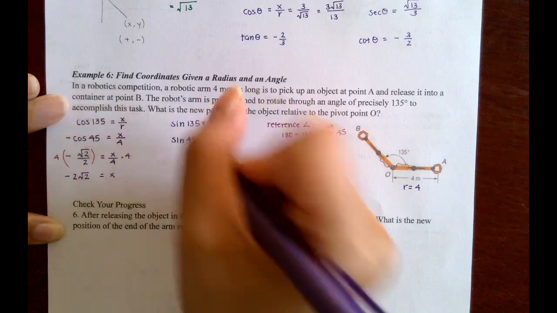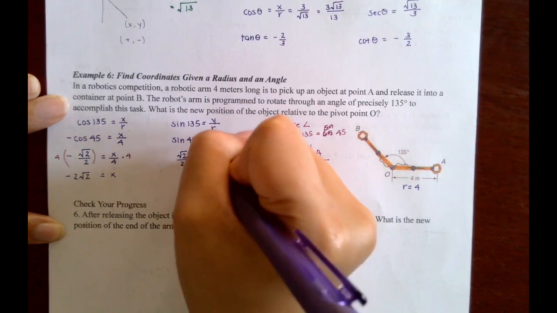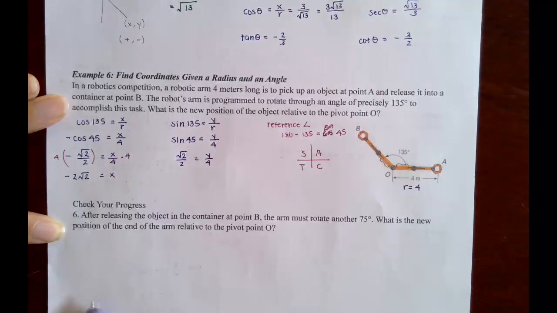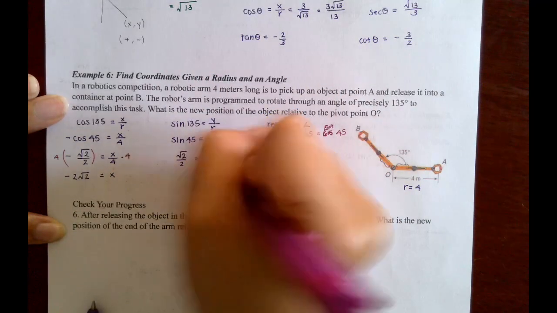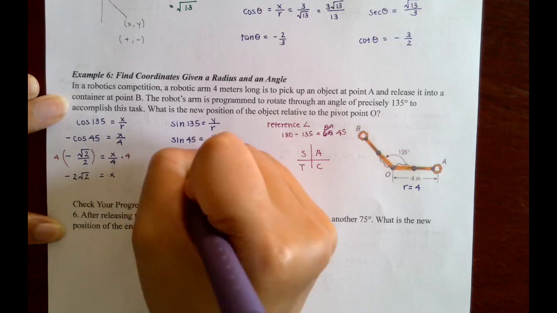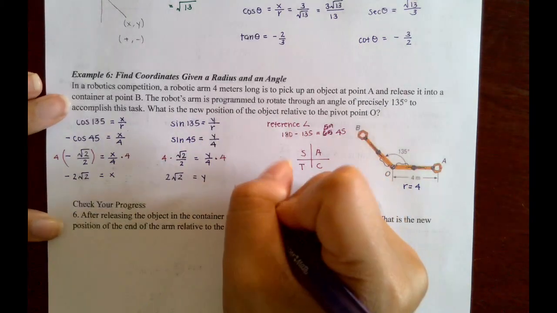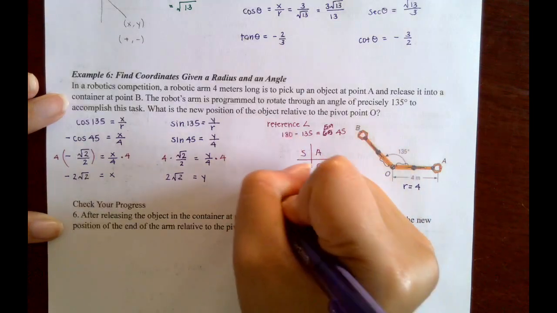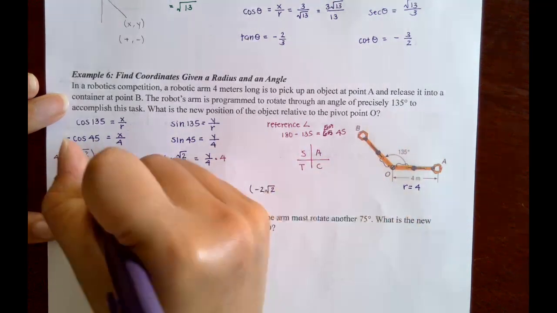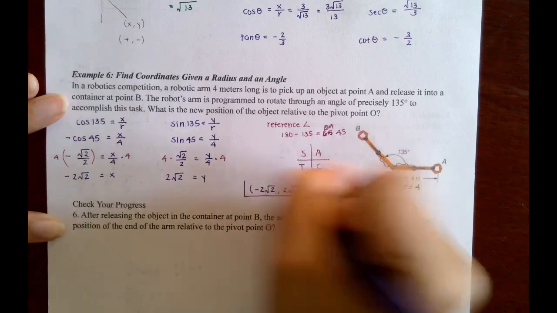So sine 45 I know is square root of 2 over 2. I get rid of the divide by 4 by multiplying by 4. And this gives me 2 square root of 2 equals y. Okay. So my point is at negative 2 square root of 2 for the x and 2 square root of 2 for the y. Okay.